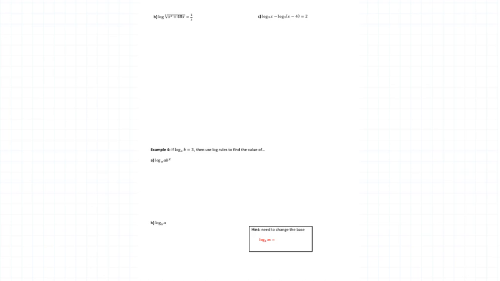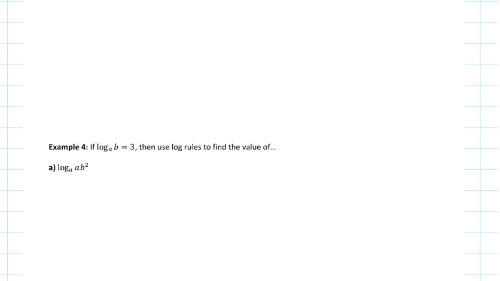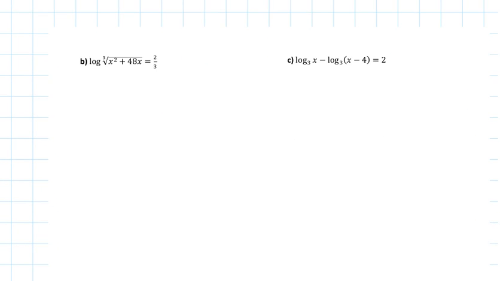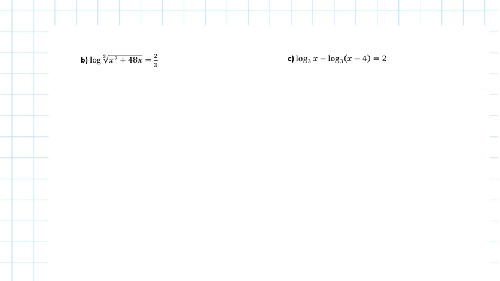All right, what do we have here? So we have log of the cube root of x squared plus 48x equals 2 over 3. How would we want to do this? There are different ways that we can do this, but I think the best way is to get rid of the cube root first.